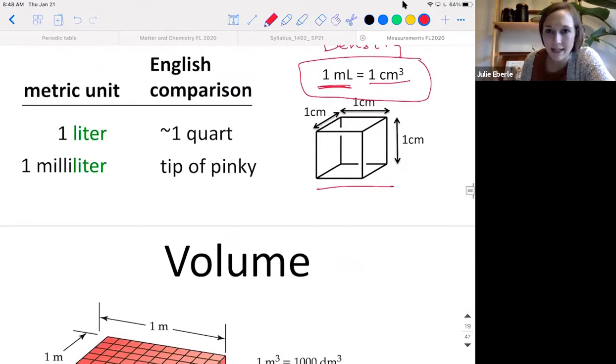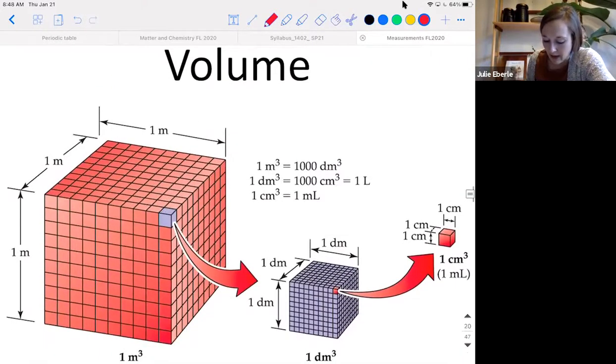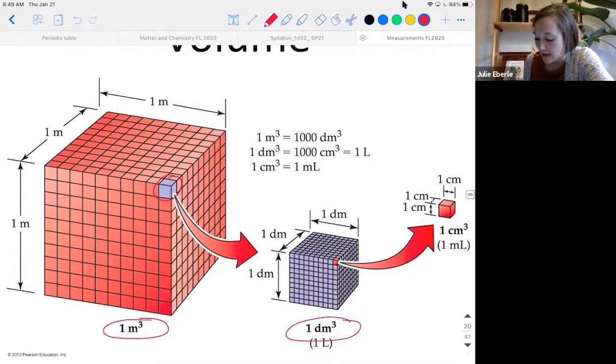To give you an idea roughly how big a cubic centimeter is compared to say a cubic meter, I have this slide. If we have a cubic meter right here, the one in red, it's pretty large, measuring a meter on each side. Well, if we break this into 10 equal length cubes on each side, take one of those, now we have what we call a cubic decimeter. And that is equal to 1 liter, okay? A cubic decimeter.